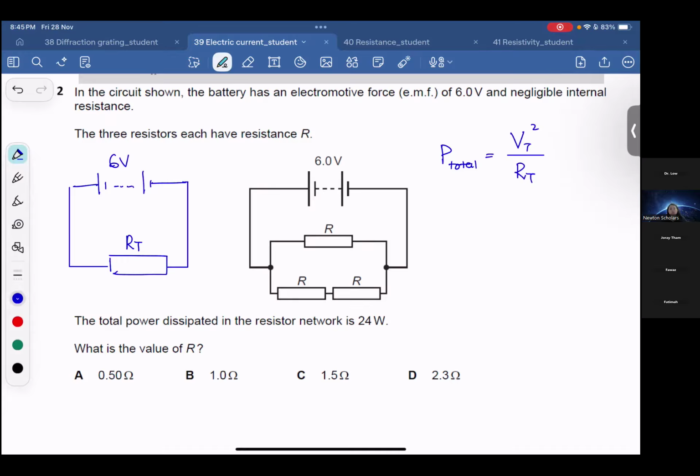Okay, do your calculation and then tell me what is your R. We have the V, we have the power, we have the resistor, so we can use the formula P equals V squared over R.